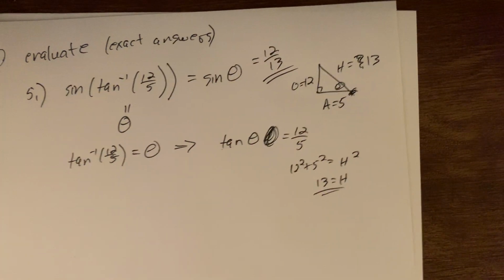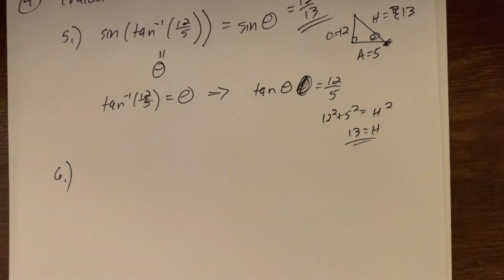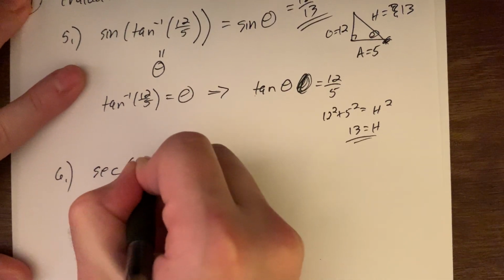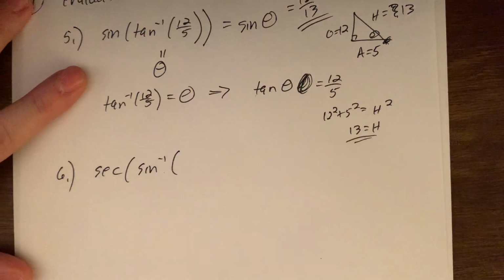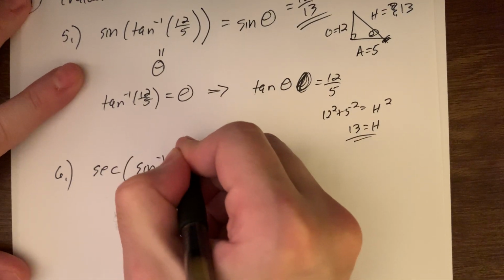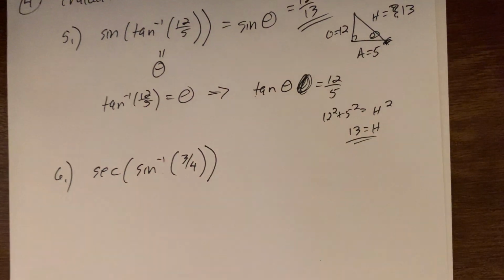Okay, and now let's do one more, and it'll look a little worse, but it's really the exact same idea. Let's take a look at secant of inverse sine of, let's do 3/4.